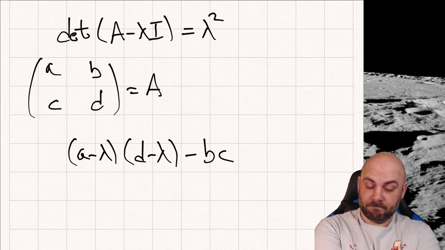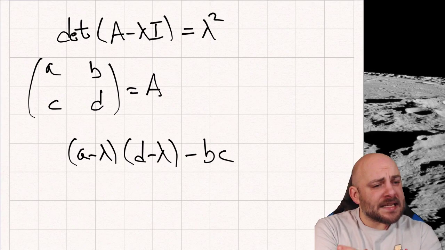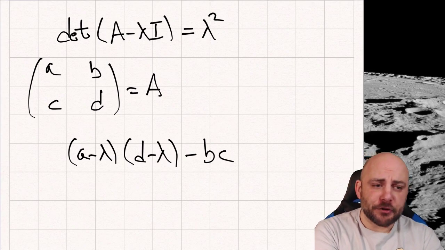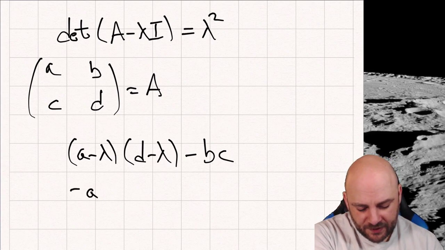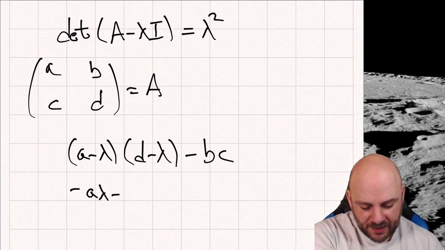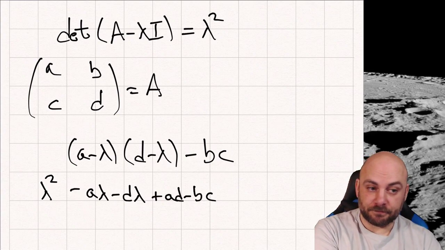So far, so good. You might say, well, hey, AD and BC might cancel each other out. Well, that might be true, but you're going to have this negative A lambda and this negative D lambda there too. So I've got a lambda squared minus those two guys plus AD minus BC.